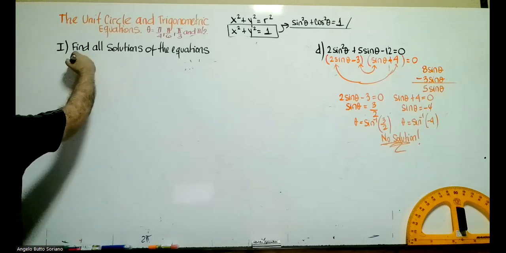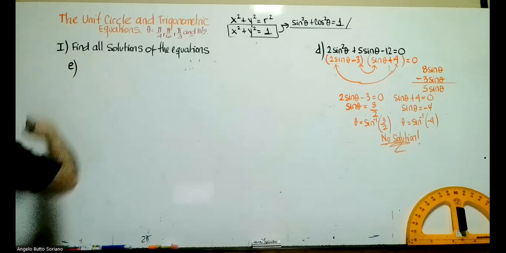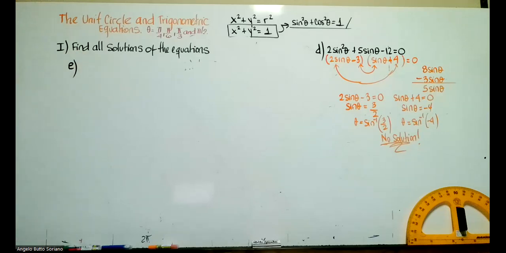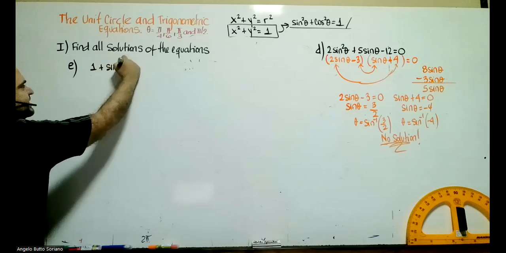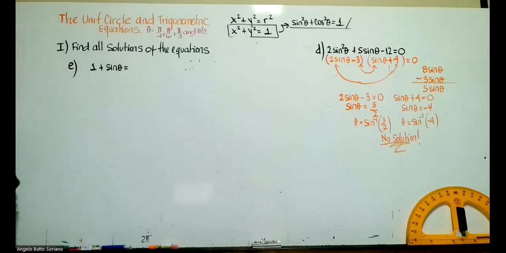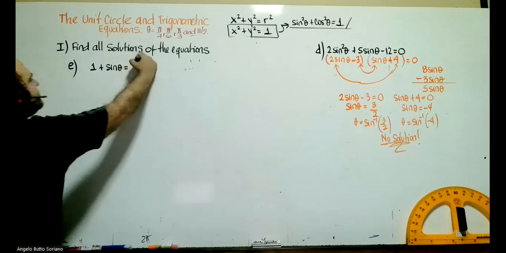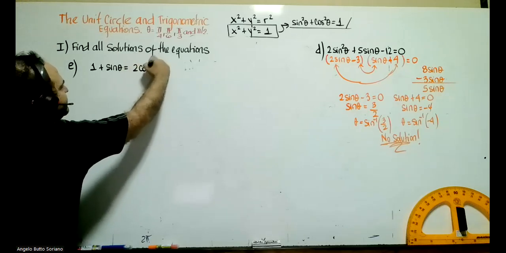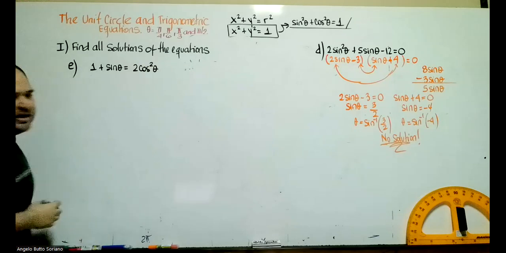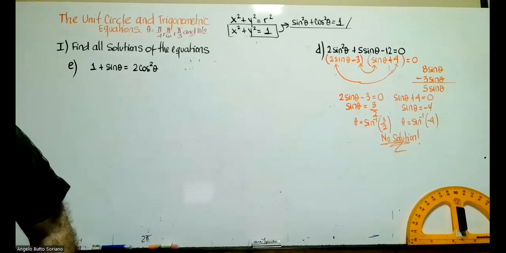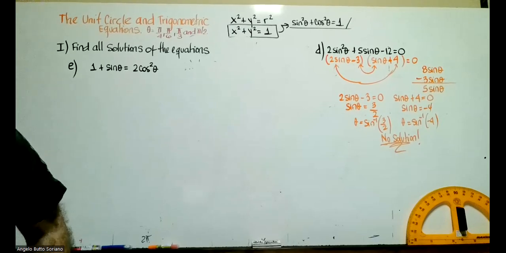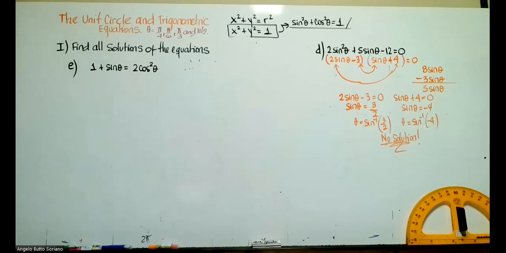Okay, let's solve another equation. For example, in letter E, we have 1 plus sine theta equals cosine squared theta. This is another example that we're supposed to solve. You're going to see, all right, but mister, we also have quadratic equations.